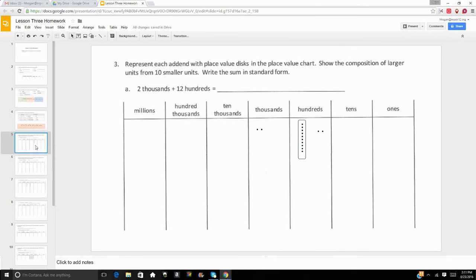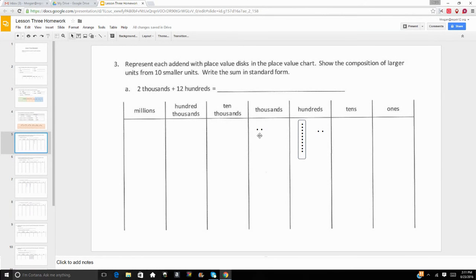Now this is very similar, except we're combining not just hundreds to hundreds and thousands to thousands, but thousands and hundreds. And using the place value chart, which we will always be using with our personal whiteboards, you should be able to draw this pretty easily by yourself. We're going to use dots for this program, but you make a circle for your place value discs, and you're going to write it in standard form.